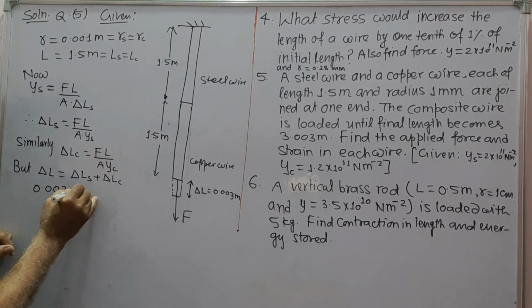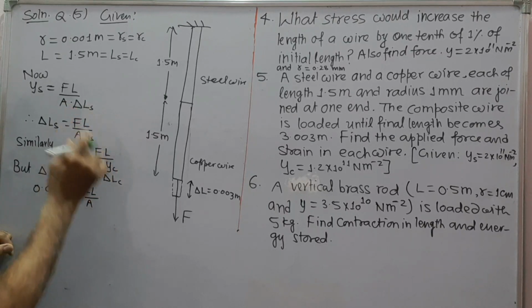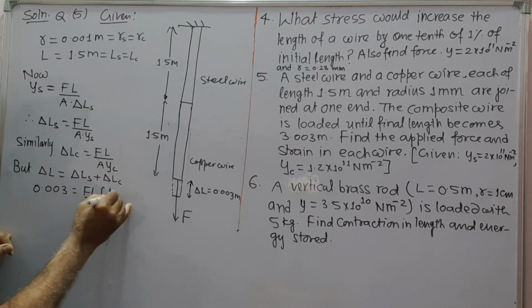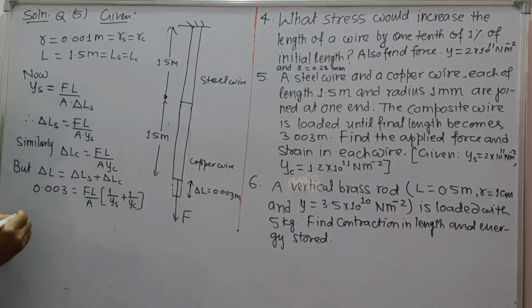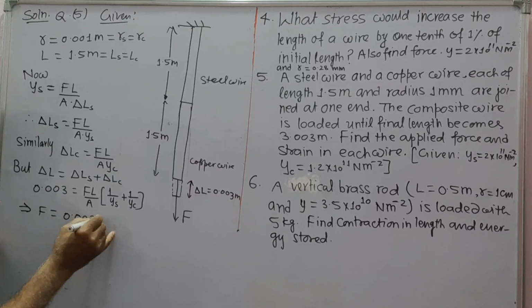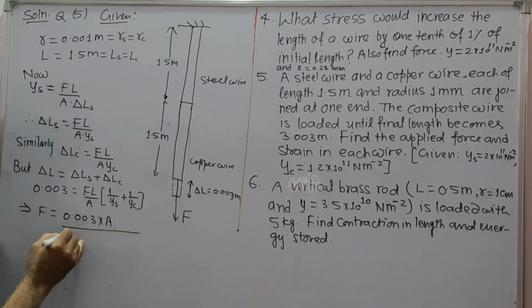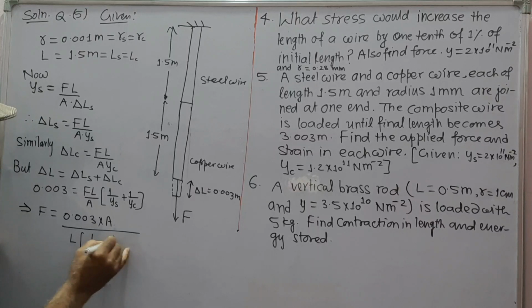FL upon A are common in both. This is 1 upon Y steel plus 1 upon Y copper. This gives applied force F as 0.003 into A upon L into 1 upon Y steel plus 1 upon Y copper.